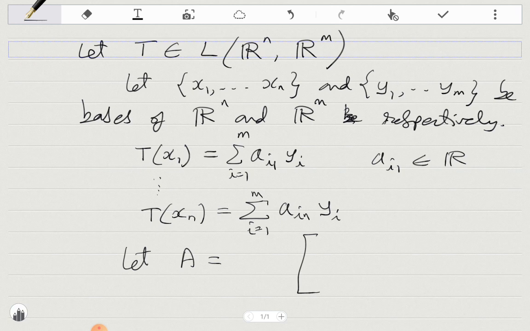Just put all these numbers side by side. But it's more convenient to write it in this form. So this would be a11 through a1n, and here I have am1 through amn.